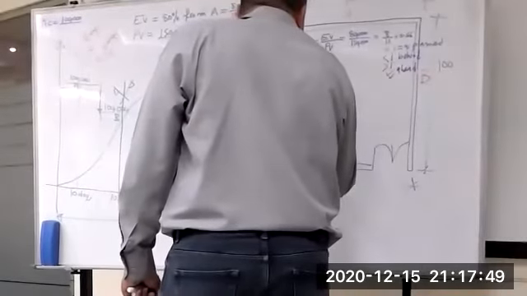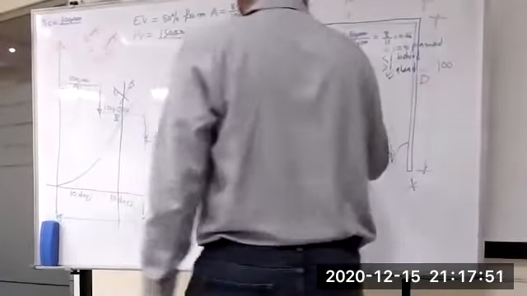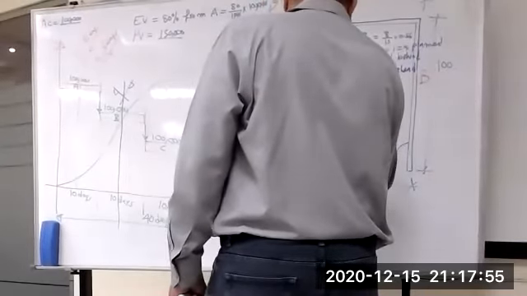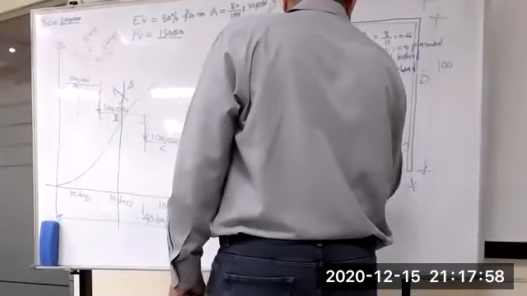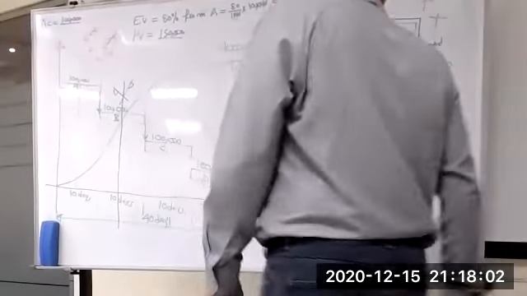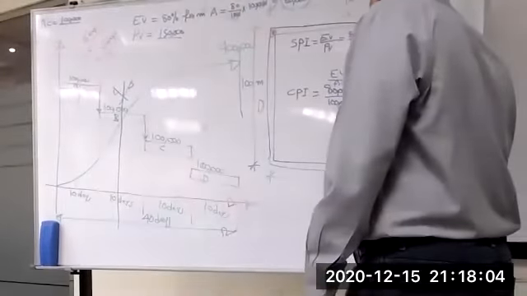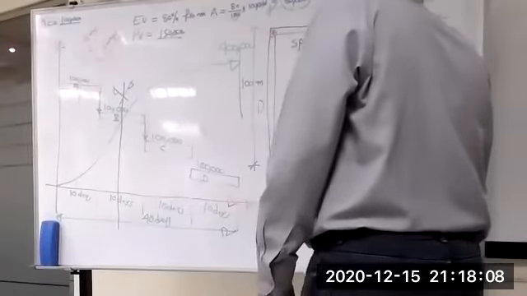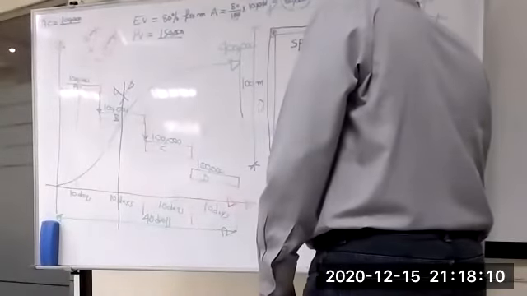CPI equals what? Earned value, like 80, divided by 100, your actual. Earned value divided by actual cost. 80 over 100 is equal to 0.8.